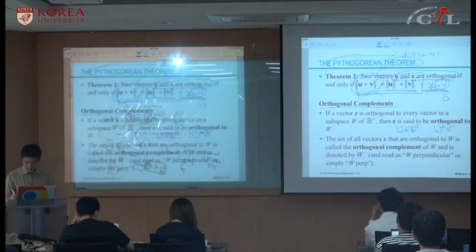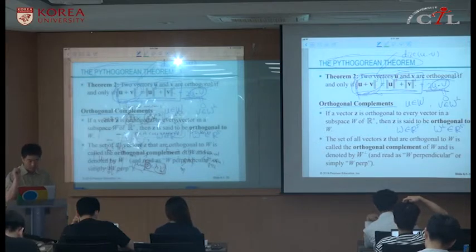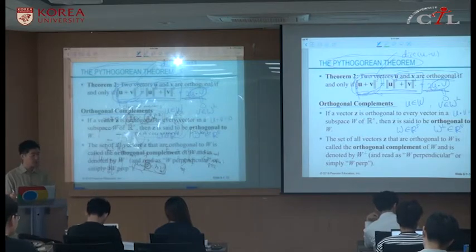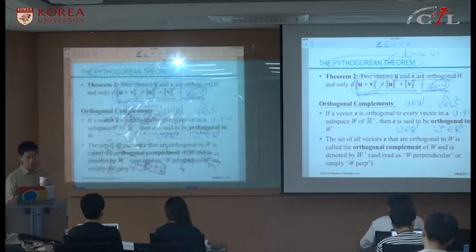These are living in the same space, and the definition of this orthogonal complement is that we pick one vector u from W and another vector v from W perpendicular, and then for any such u and v, u dot v should be equal to 0, which means that for whatever two vectors chosen from W and W perpendicular, they are always perpendicular or orthogonal to each other, or their inner product is always 0.